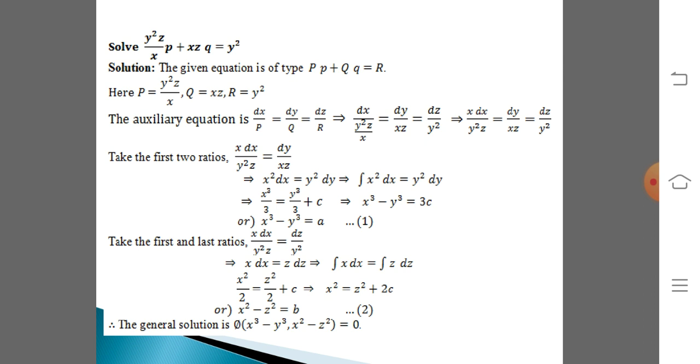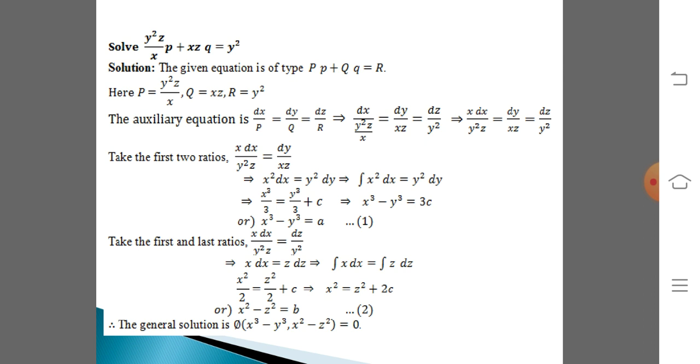So you just cancel z on both sides and you group x dx on one side, y and dy on another side. So we get x square dx equal to y square dy. If you integrate on both sides, you get integral x square dx equal to integral y square dy.